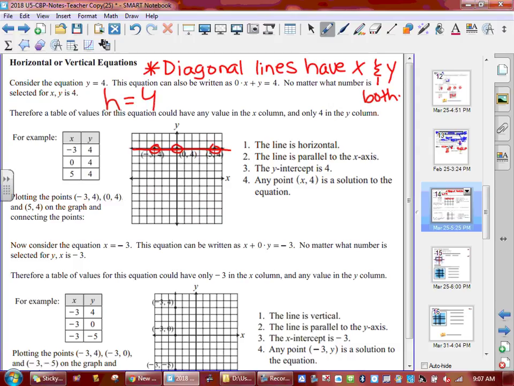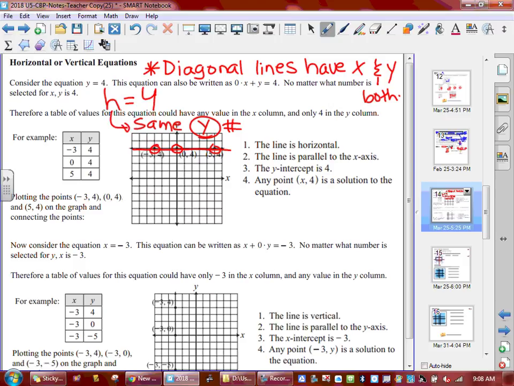I get a Y. So if you need to remember it that way, that's the way I actually remember it all the time, is that a horizontal line will always have the same Y number. Always, always, that's what that means. So horizontal lines, same Y number. Okay? Same Y number. That's a horizontal line.